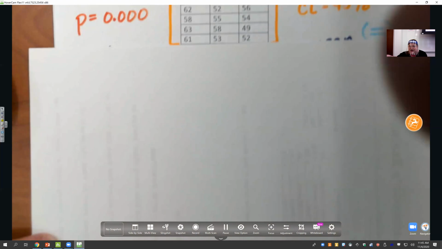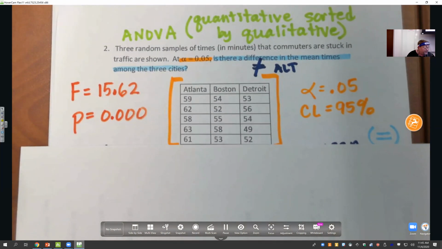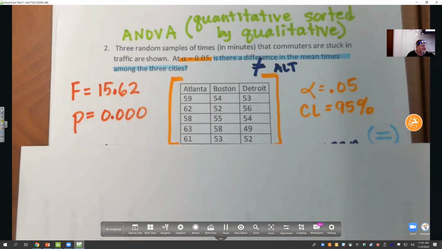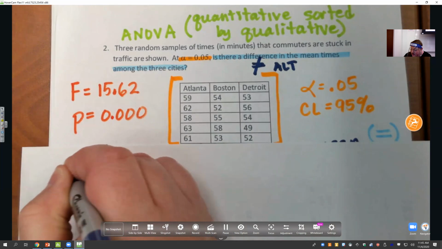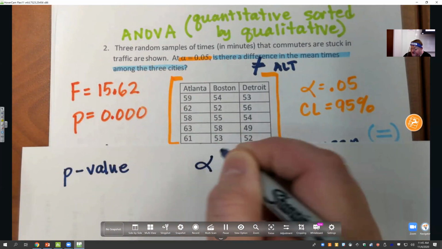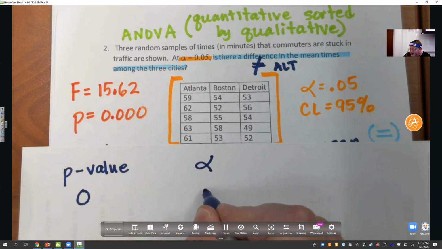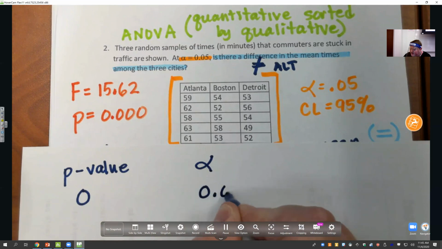Okay, so then after we've written down our F test statistic and our p-value, we're ready to make a decision. And guys, it's the same decisions that we've done before. We have to compare the p-value to the level of significance. So I have basically 0 compared to 0.05.